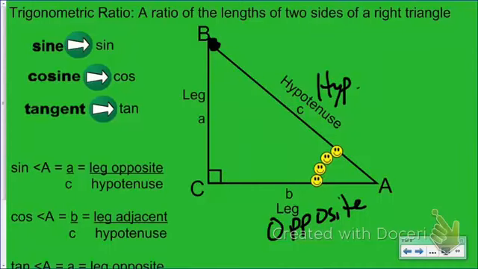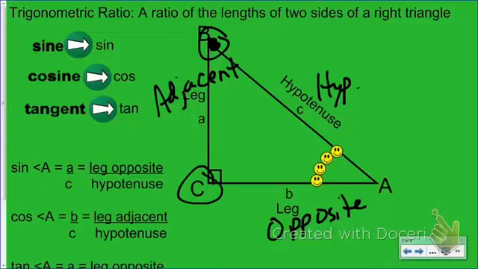And in this case, the adjacent side would be side BC, because that's the one that's next to corner B, but not the hypotenuse, the other one that's next to it. Okay, so it's really important that you understand these different sides and what they're called. In case you're wondering, you never go from corner C. You don't go from the right angle. You always go from one of the other angles.